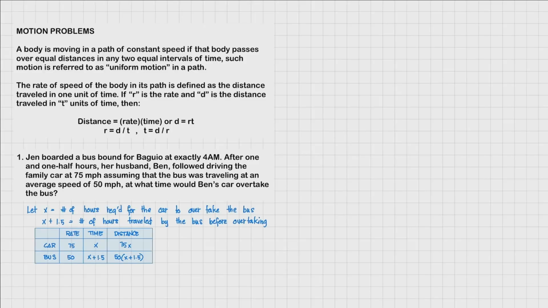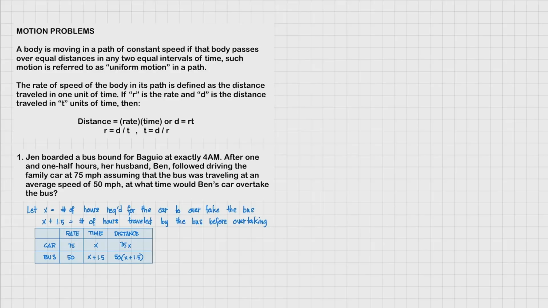So to solve this, we're going to let x be the number of hours required for the car to overtake the bus, and x plus 1.5 be the number of hours traveled by the bus before overtaking. This came from the statement that Jen left earlier than Ben, right? It says here that after 1.5 hours, so 1.5 hours have passed before Ben started the travel. That's where 1.5 came from.